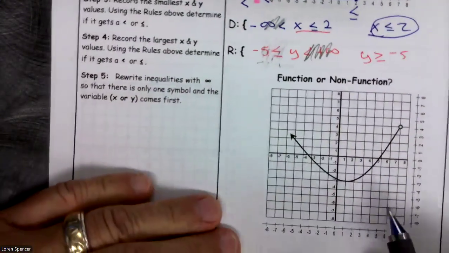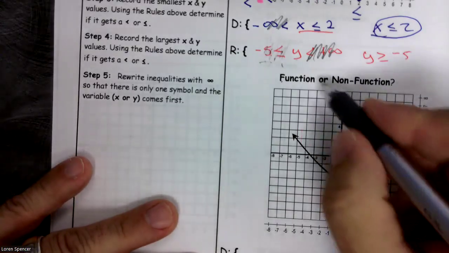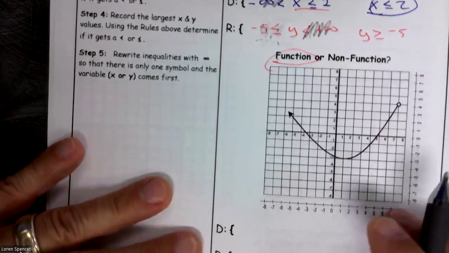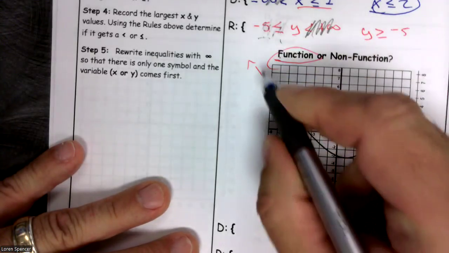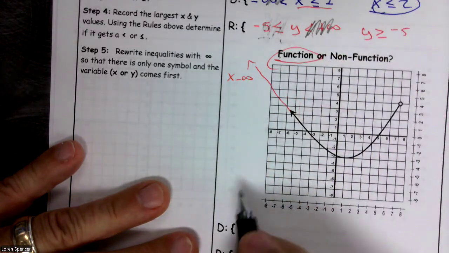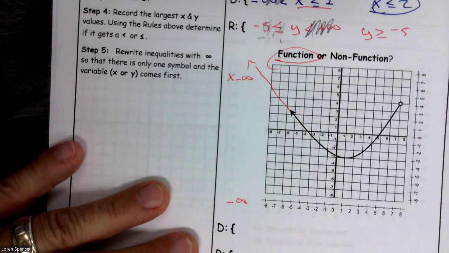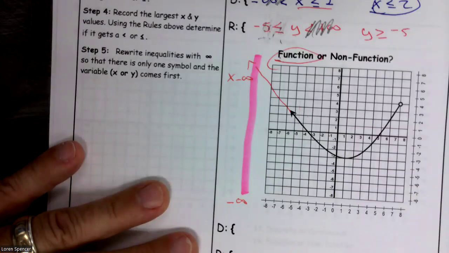All right, this one asks for function or non-function. I can draw vertical lines and I only hit it in one spot, so this is a function. Once again, we're going off in this direction, which means our x is going to negative infinity. So let's deal with that. We'll put a negative infinity right here for the x. That's where we're starting.